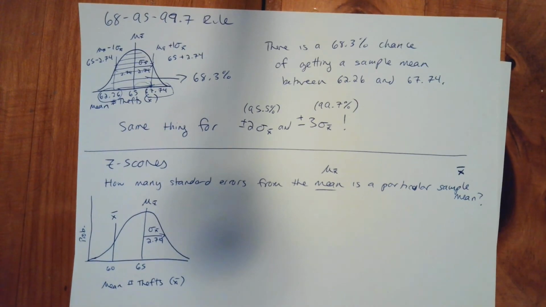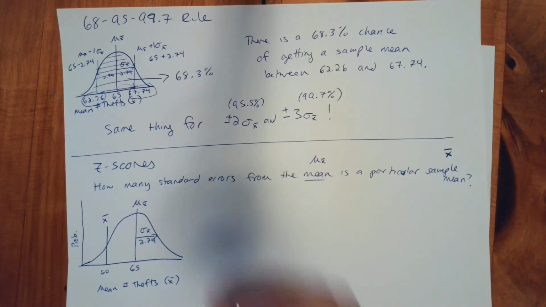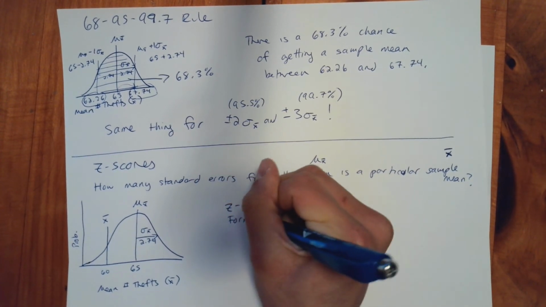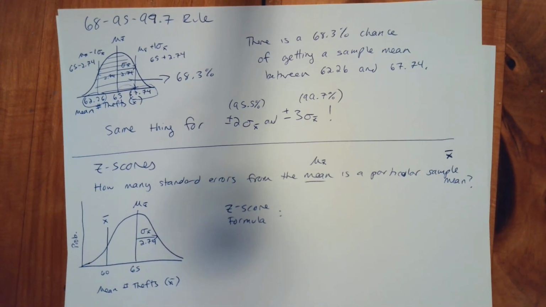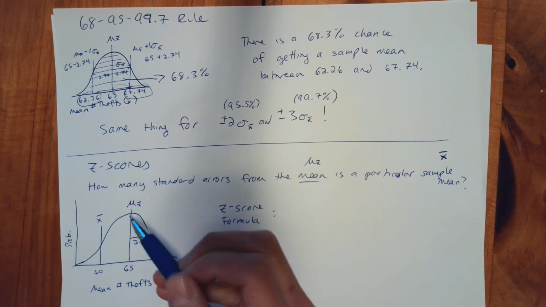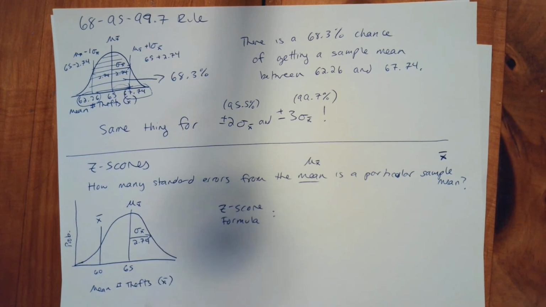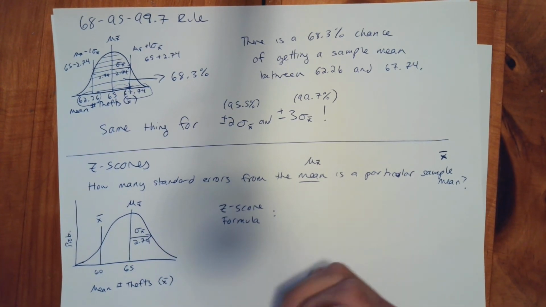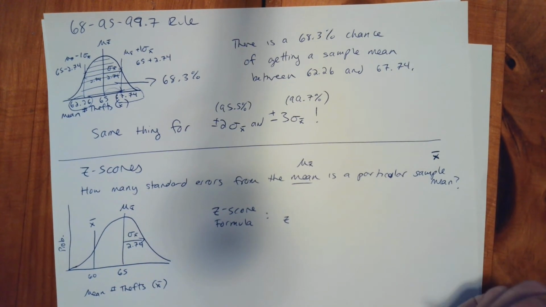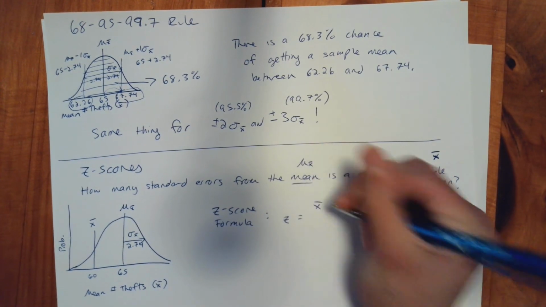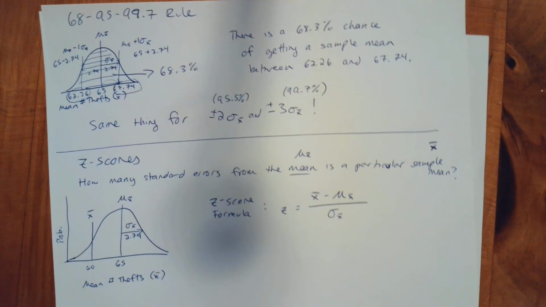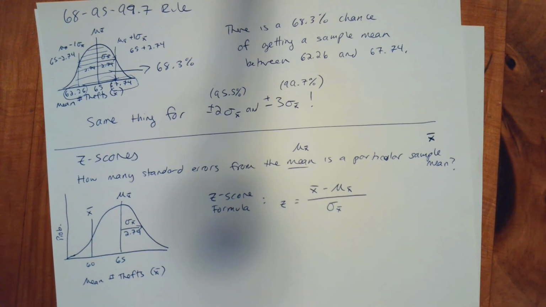And to do this, we're going to use the z-score formula for a sampling distribution. The nice thing about this is that it's exactly the same as the z-score formula for a probability distribution. We're just writing out our mu of x bar and our sigma of x bar instead of regular mu and sigma. So the z-score for a sampling distribution is going to be given by x bar minus mu of x bar divided by the sigma of x bar here.